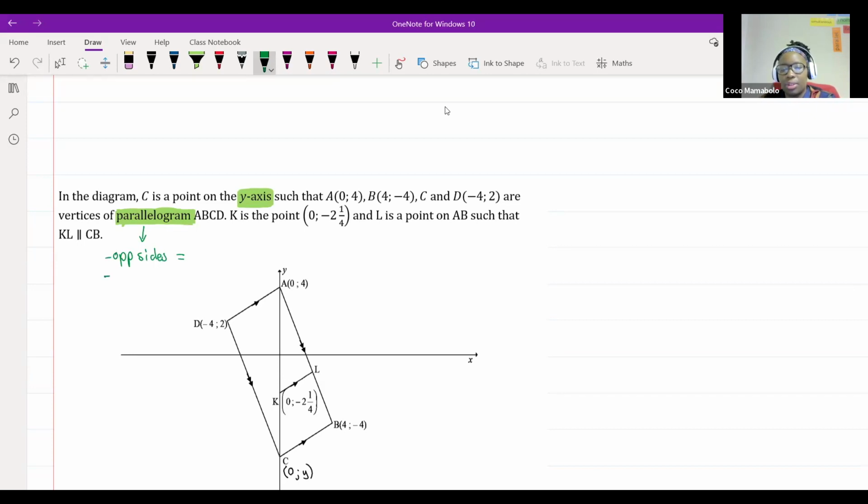There's another one that also speaks about opposite sides. Opposite sides are what? Opposite angles are equal. Yes, Abulele, good. That one. Okay, I'll change this to angles for now. Lovely. Opposite angles are equal. We also know that opposite sides are parallel. Right.